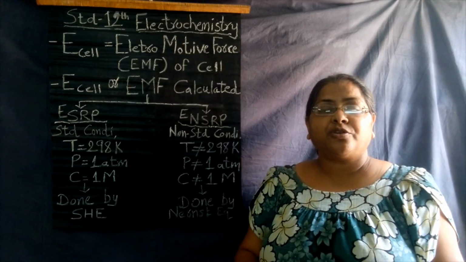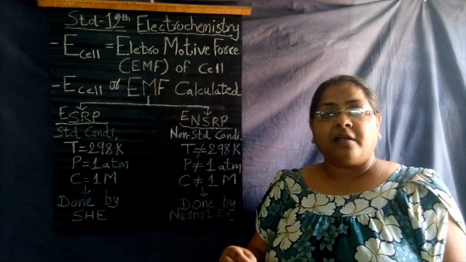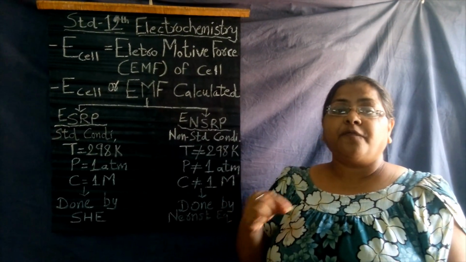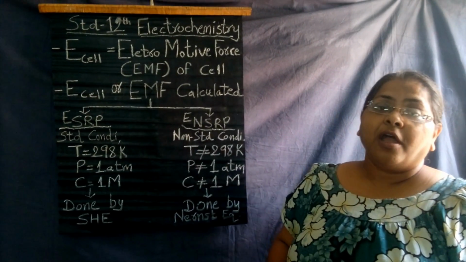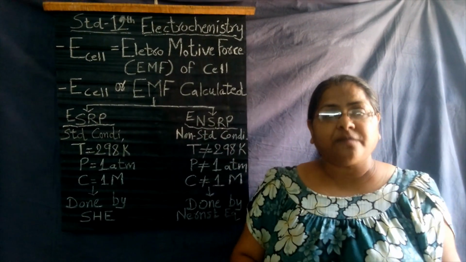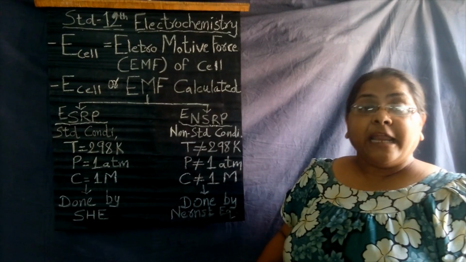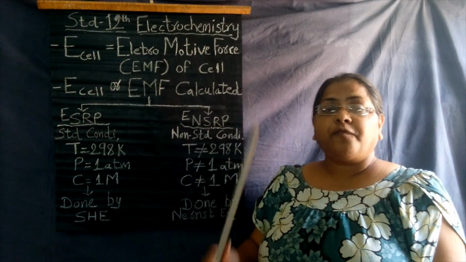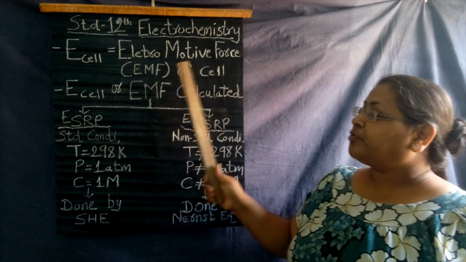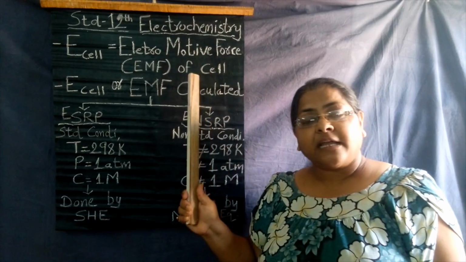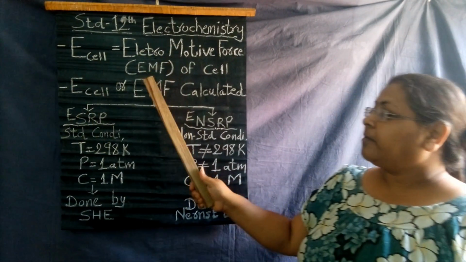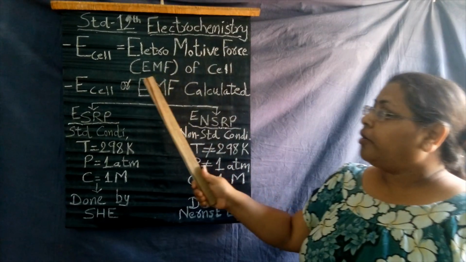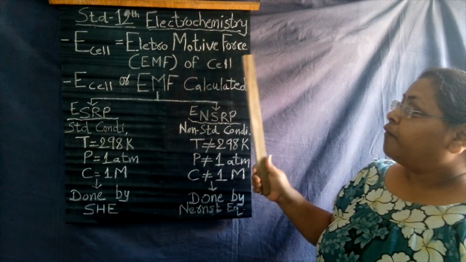Due to this separation of charges, electrons are driven with a force in the circuit, and this force is called motive force because of the electron, so electron motive force is termed here as electromotive force, which is none other than cell potential. So cell potential is also termed as EMF of the cell.